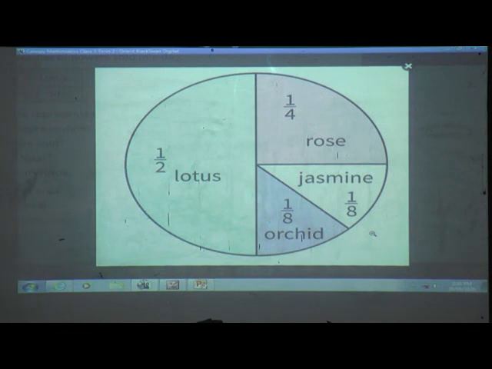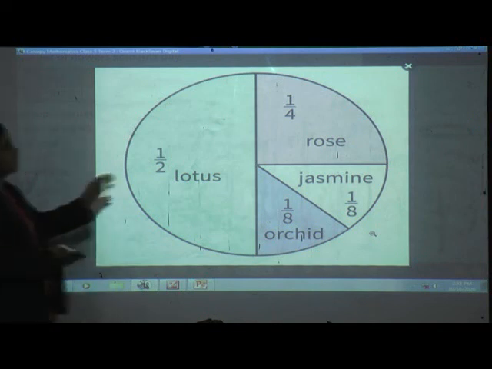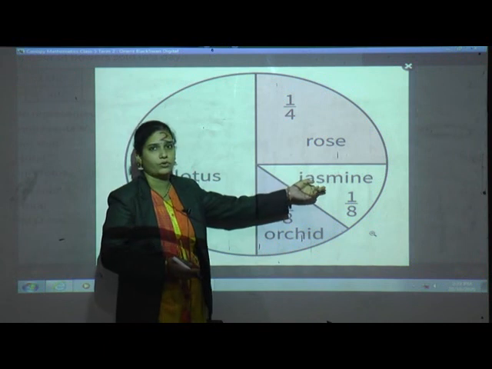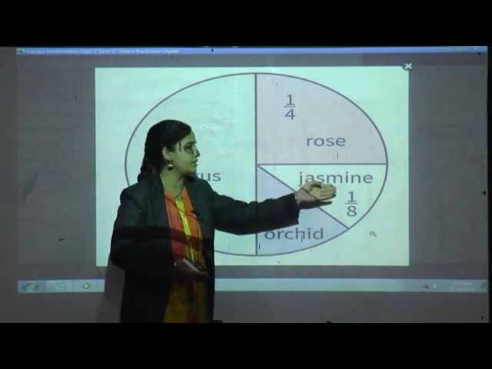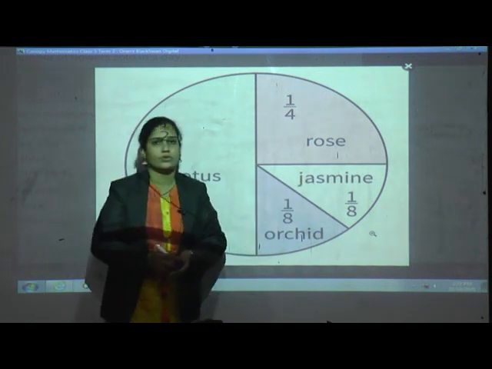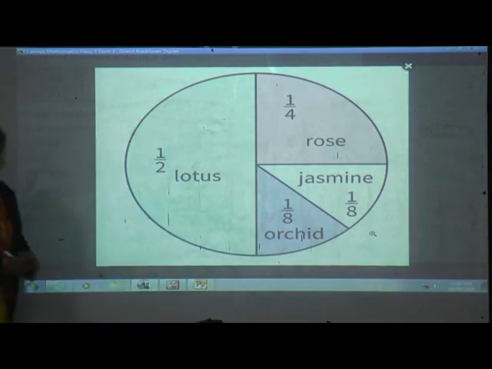Now jasmine. This is also 5 jasmines sold in a day. That means 5 out of 40. So it is equal to 1 upon 8. That means half of a 1/4. So this one is the jasmine sold in one day.